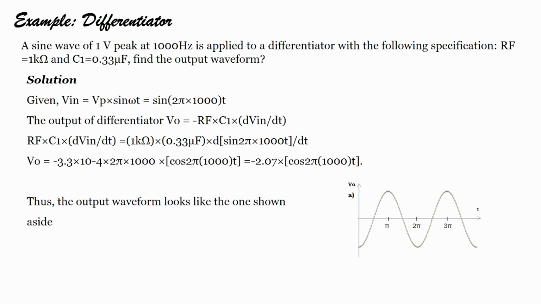Here is another example of a differentiator. A sine wave of 1 volt peak to peak at 1000 hertz is applied to a differentiator with the following specification: RF is given, C1 is given. Find the output waveform.